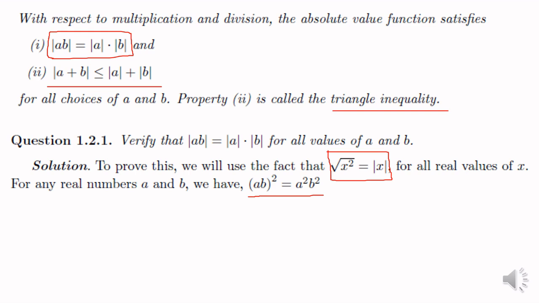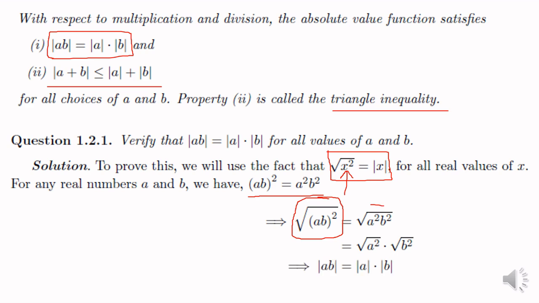Now take square root on both sides. So you'll get square root of AB the whole square is equal to square root of A square B square. Now the left side, square root of AB the whole square, using the property square root of x square is equal to modulus x, you will get modulus of AB.